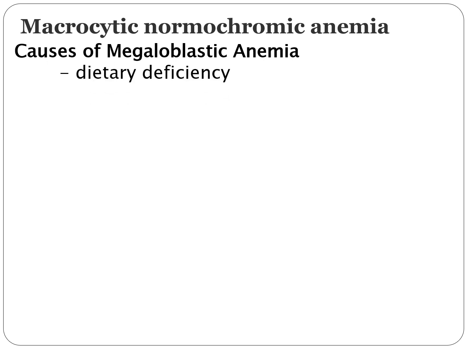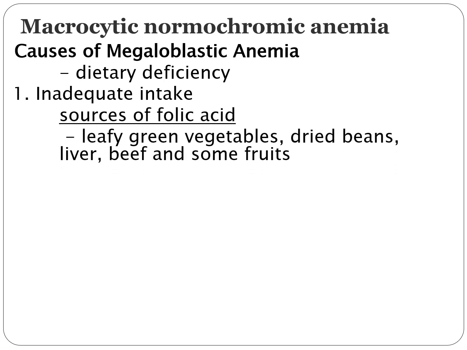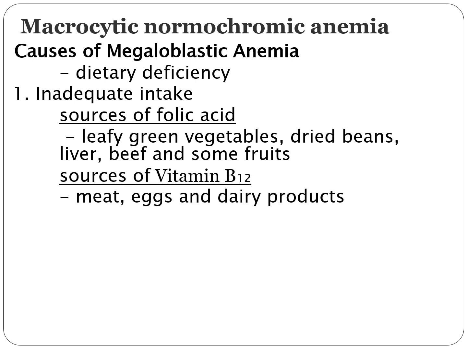Causes of megaloblastic anemia, almost the same as iron deficiency anemia. There would be inadequate intake of folic acid or vitamin B12. Okay, so these are the sources of folic acid and vitamin B12.